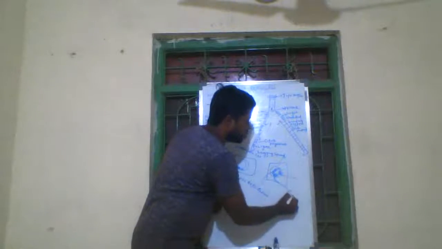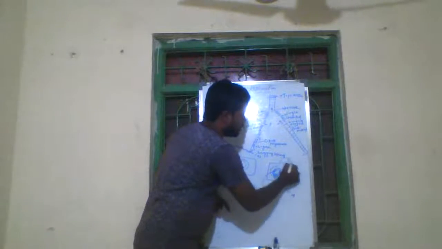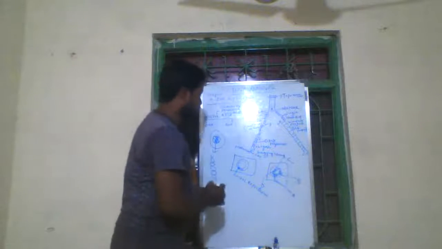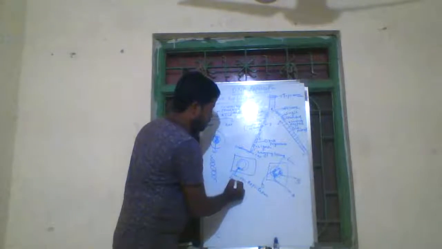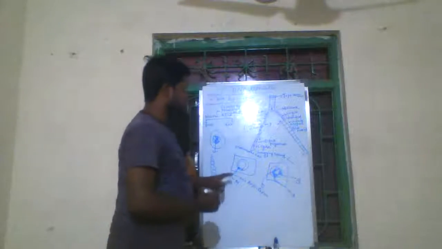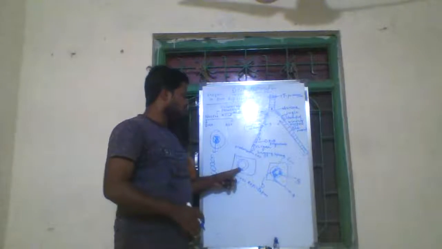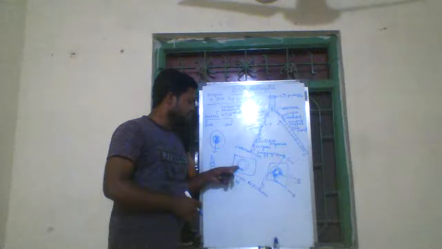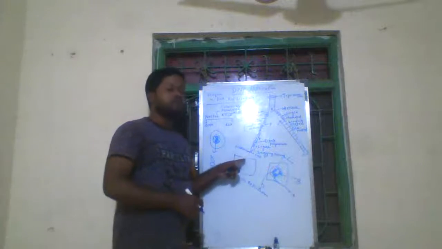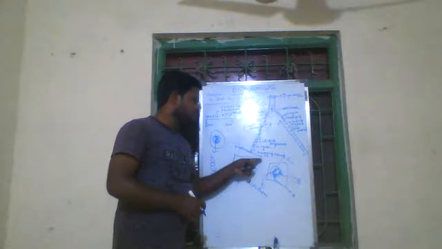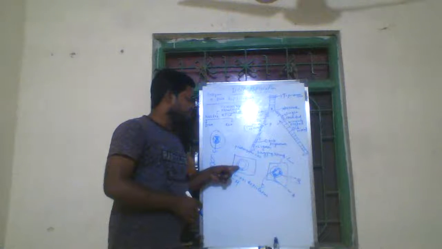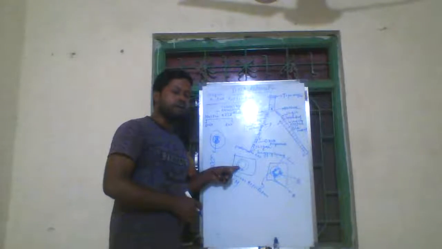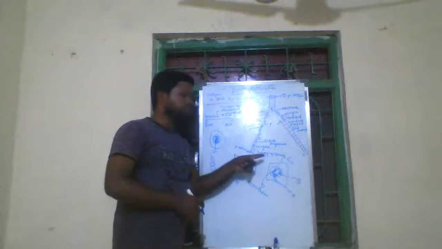Suppose I am indicating the points as A, B, C, D. Suppose here this is indicated as M. So in a prokaryote, the origin of DNA replication is M, and the DNA replication is unidirectional. It starts at a specific point and goes in a specific direction.